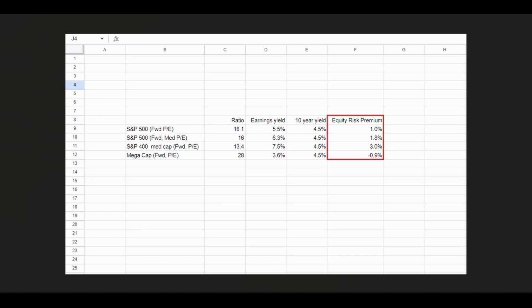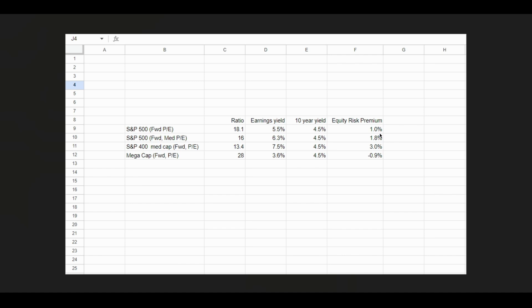The resulting values are, for the vanilla S&P 500 index, we've got an equity premium of only 1%. Put simply, this means that you're rewarded just 1% more for undertaking the risk of investing in stocks instead of the risk-free treasury bonds. The median risk premium, which is the row below, shows us 1.8%, which is a little bit better deal.